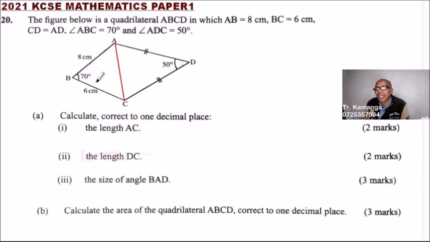Now, looking at triangle ABC, we can use the cosine rule to find AC.